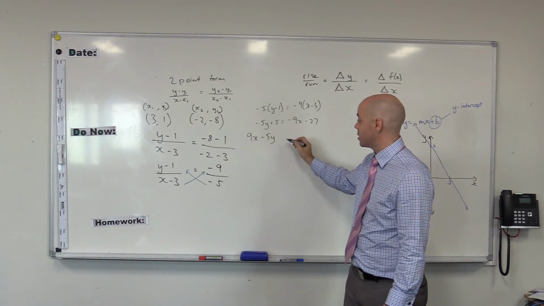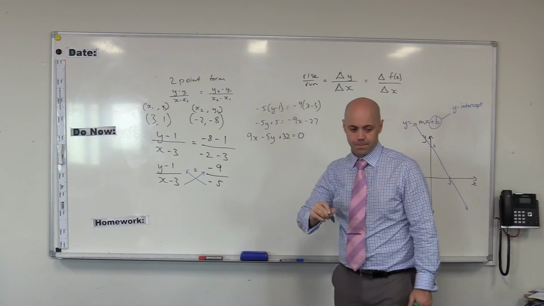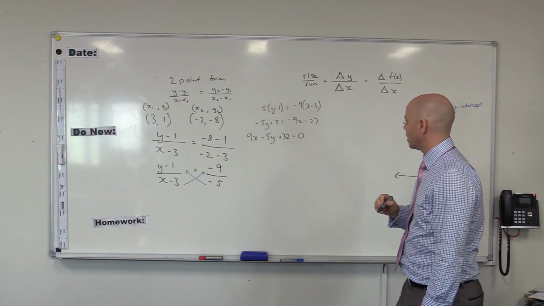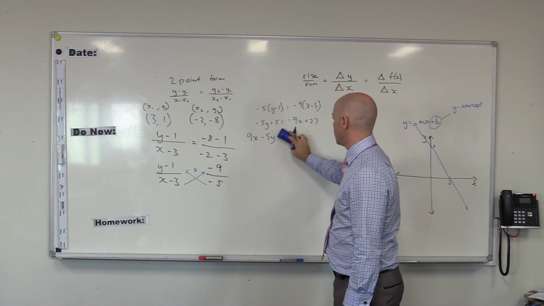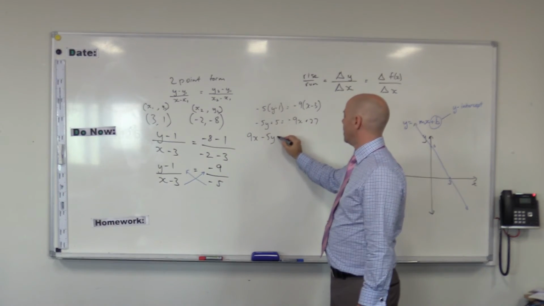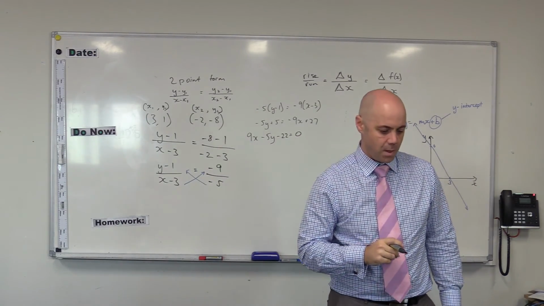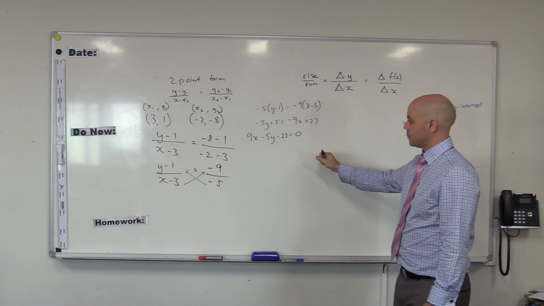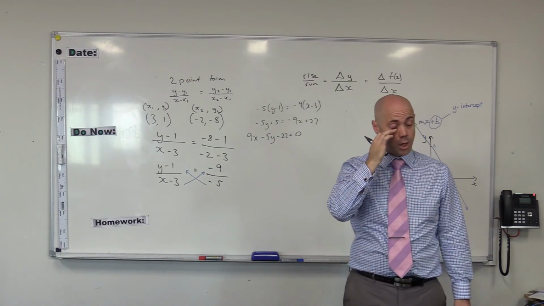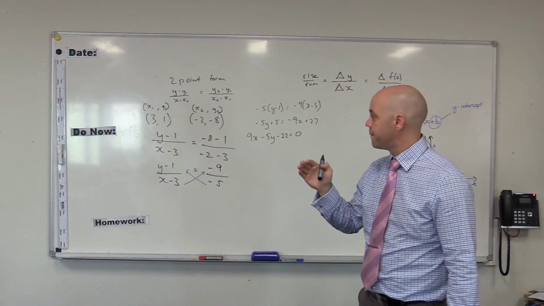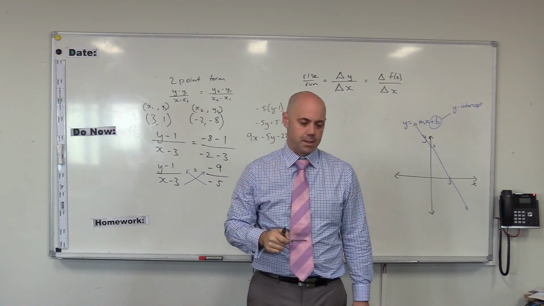So I add 27 to both sides, minus 22 equals 0. So 9x minus 5y minus 22 equals 0. That's the general form of the function that goes through the points 3, 1 and negative 2, negative 8.